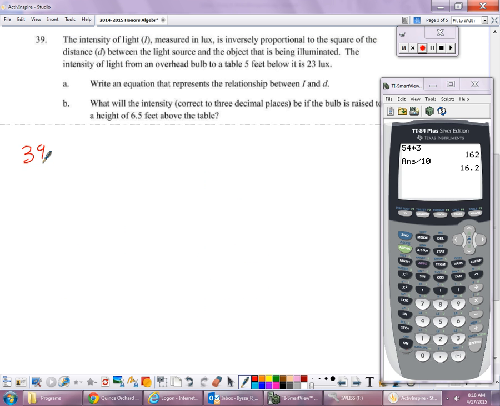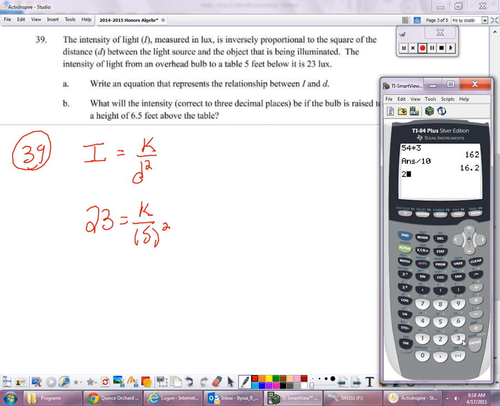And for 39, the light intensity is inversely proportional to the square of distance. So now we have to find k. 23 is I over 5 squared. So 23 times 5 squared.